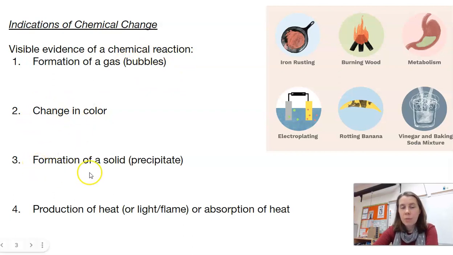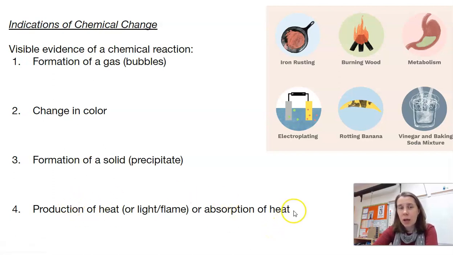The third is formation of a solid, which is usually a precipitate. We'll talk about what that means in a minute. And then the last one is production of heat, which is usually seen as a light or sometimes as a flame, or absorption of heat.